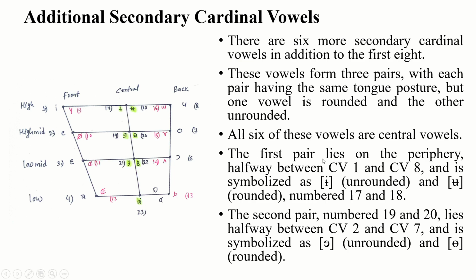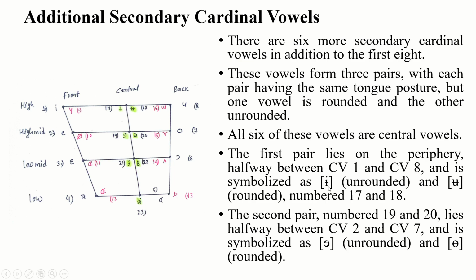And the first pair lies on the periphery, halfway between cardinal vowel 1 and cardinal vowel 8. Here is cardinal vowel 1 and here is cardinal vowel 8, and these additional 17 and 18 belong to the same periphery, halfway between 1 and 8, and is symbolized as this one.